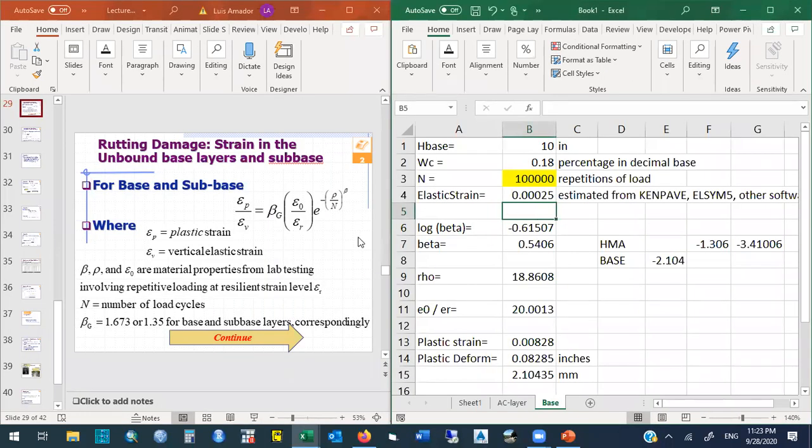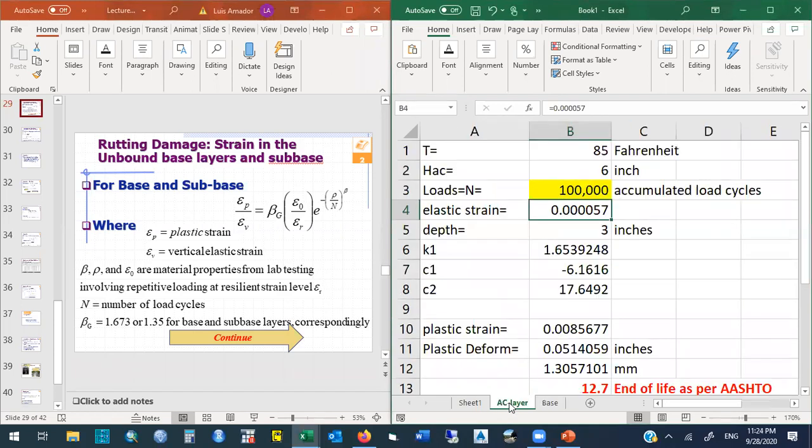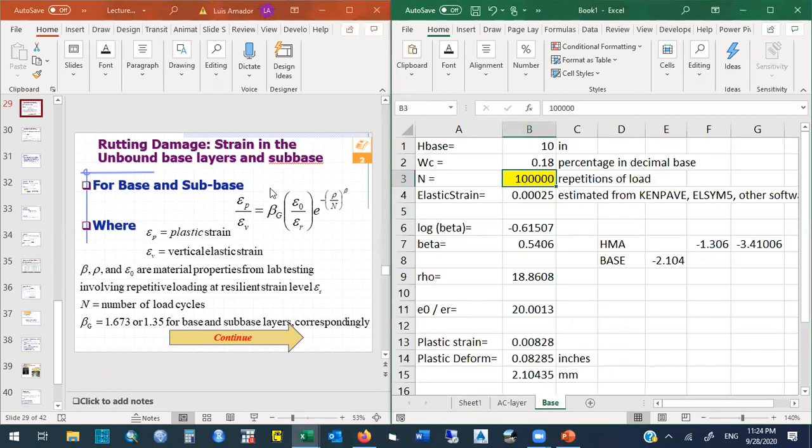The point is, guys, this rutting accumulates through the different layers. And the more repetitions we observe, the faster it will accumulate, okay? The repetitions are tied with time, as I was showing you before. And you have to consider the rutting in all the layers.